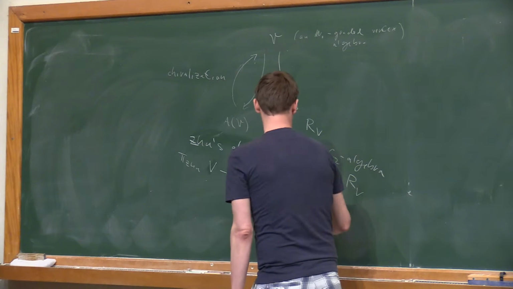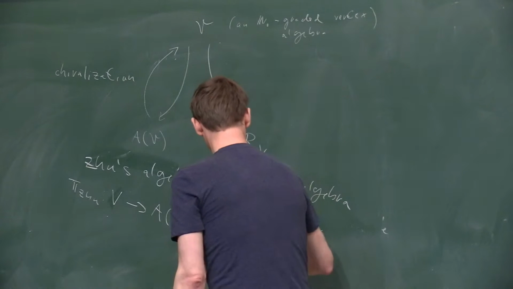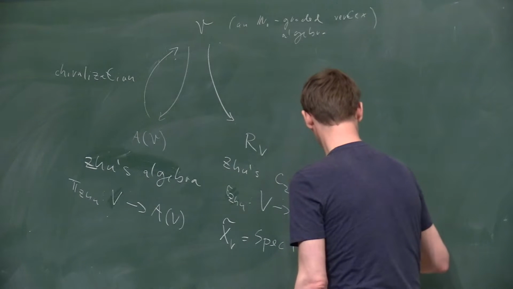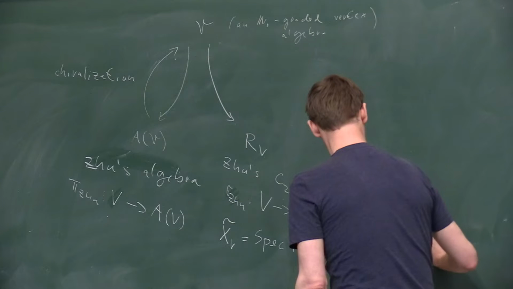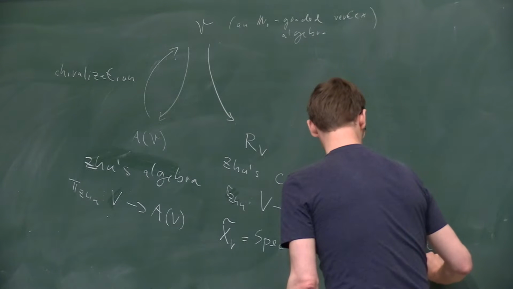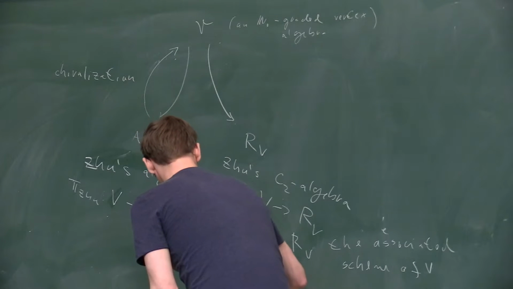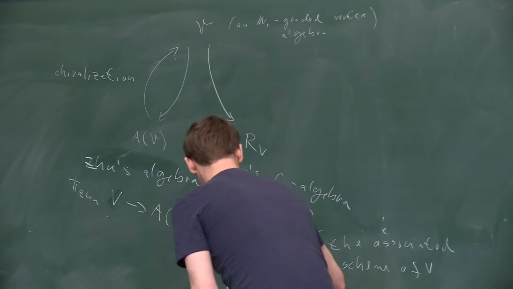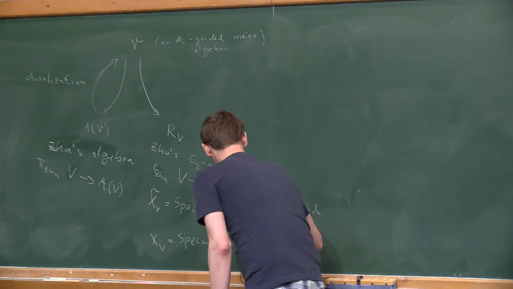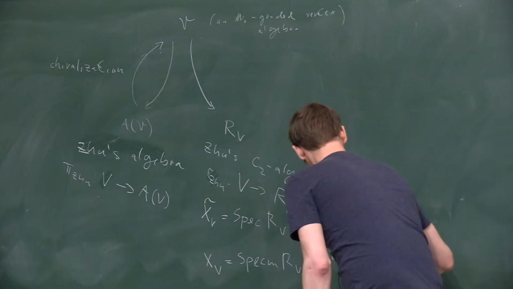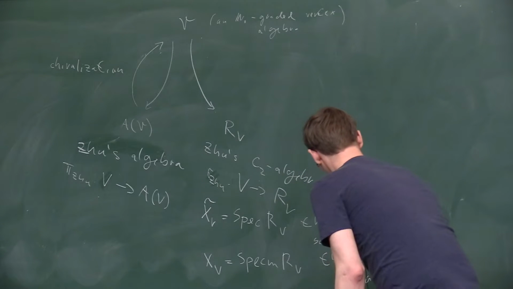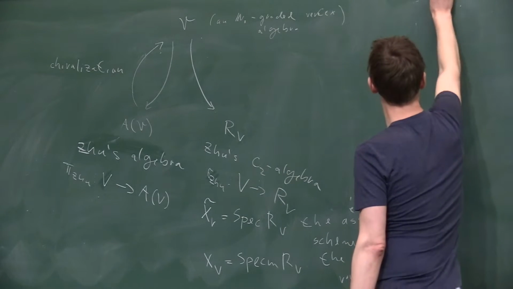This X tilde will be the spectrum, which is called the associated scheme of the vertex algebra V, and we can also assign a variety, which is just the maximal spectrum. This is the associated variety of the vertex algebra V.